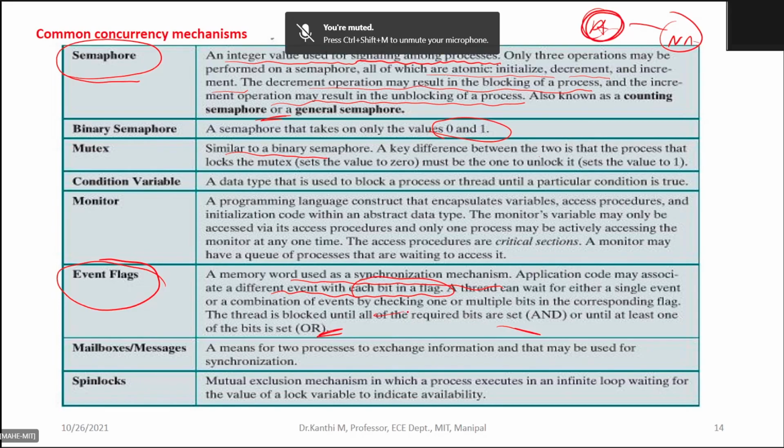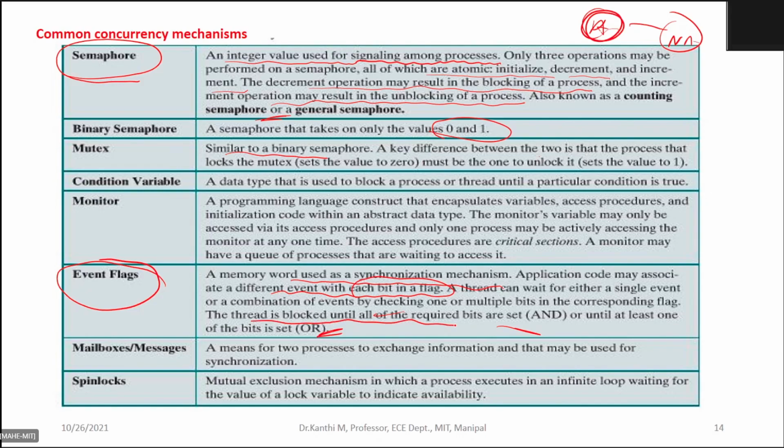You need to set all, and only then can you proceed further. In OR, if more than one event flag is used in the register, then at least one needs to be set, and only then can you continue with the execution. The particular thread is blocked until all the required bits are set in the AND, or until at least one of the bits is set in the OR. So event flags we have already done.